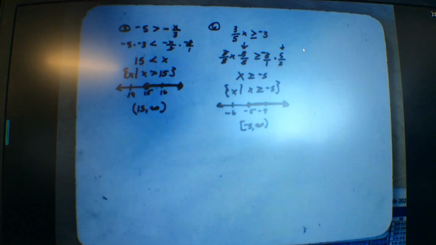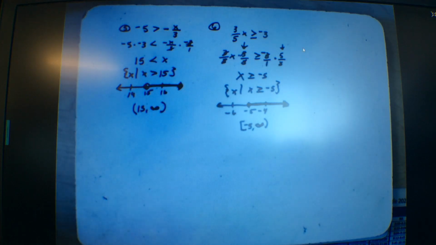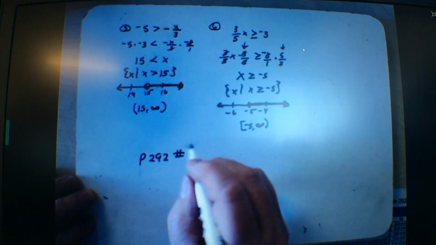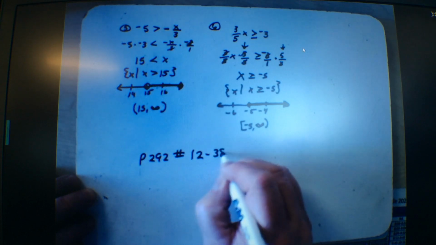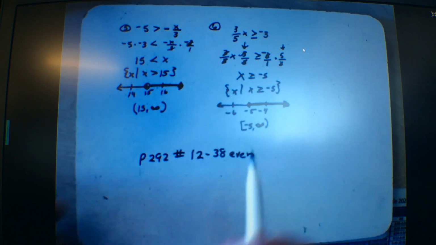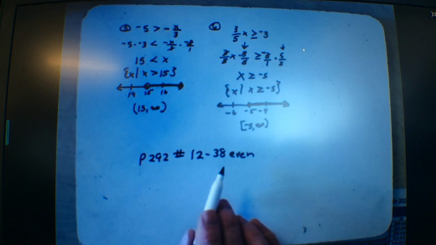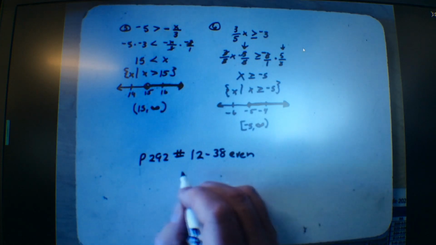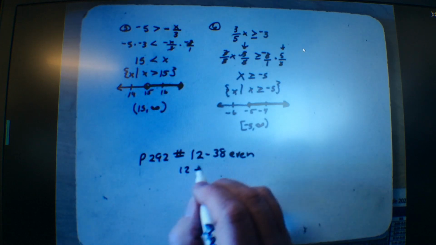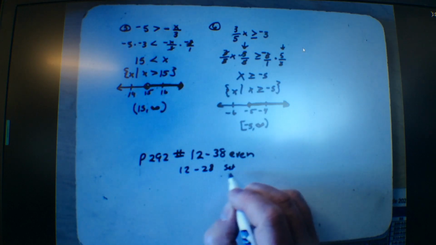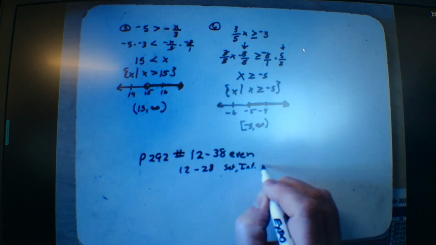So I want you to turn to page 292. We're going to look at numbers 12 through 38 even. However, we have to do all three on this, so I only want 12 through 28. We do the set builder, interval, graph.